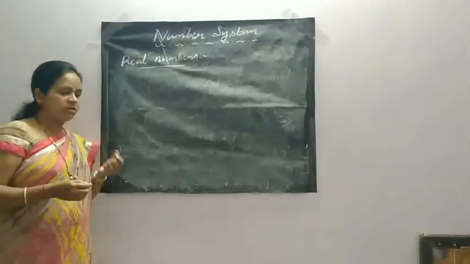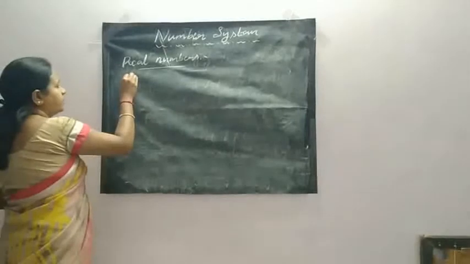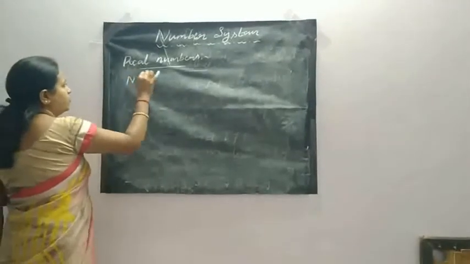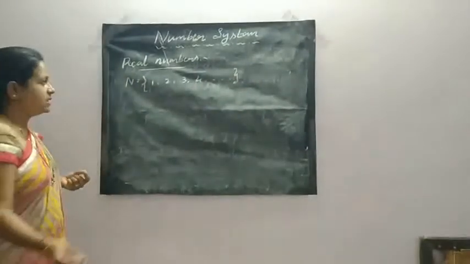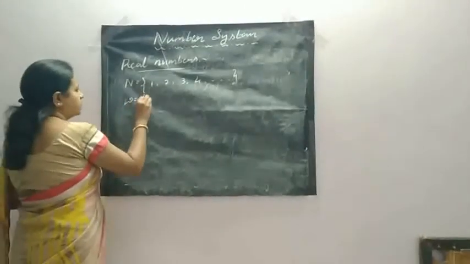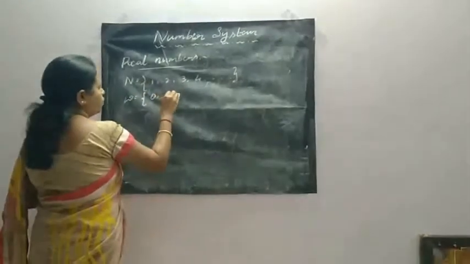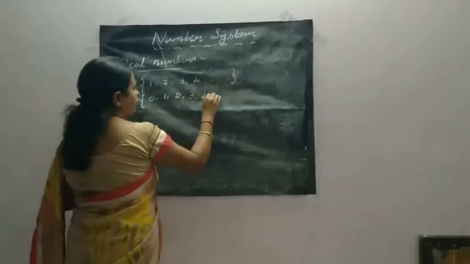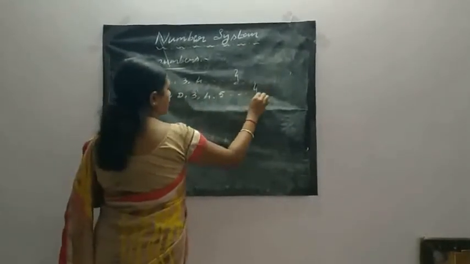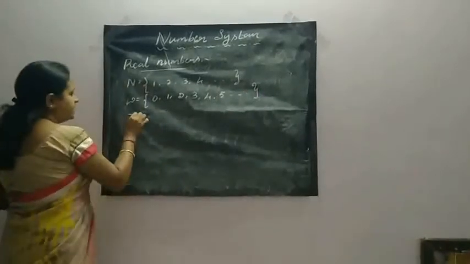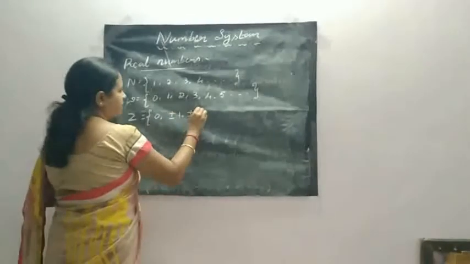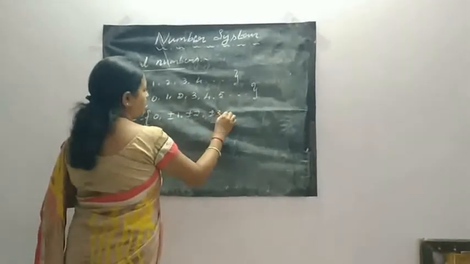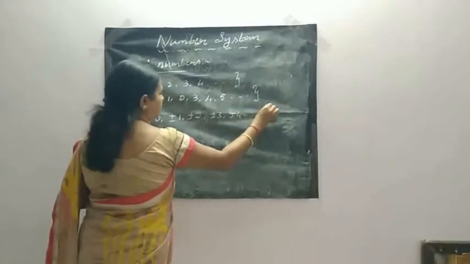So the first one we have studied is natural numbers, isn't it? Natural numbers means N is equal to 1, 2, 3, 4, and so on. So the counting numbers are called natural numbers. Next is whole numbers, children. That is 0, 1, 2, 3, 4, 5. And the next one is integers. Integers 0, plus or minus 1, plus or minus 2, plus or minus 3, plus or minus 4.